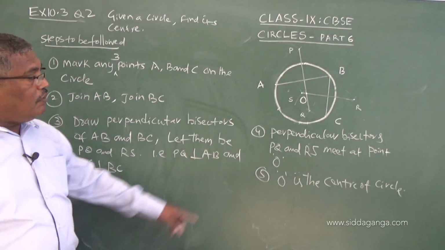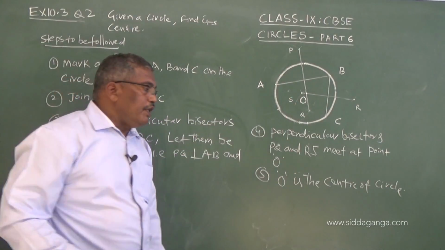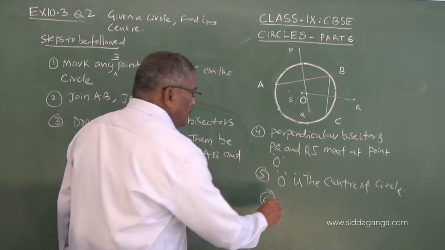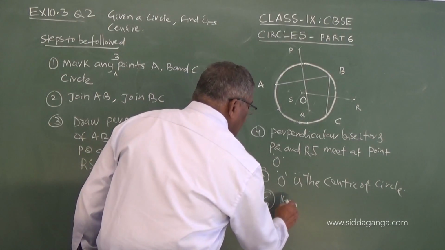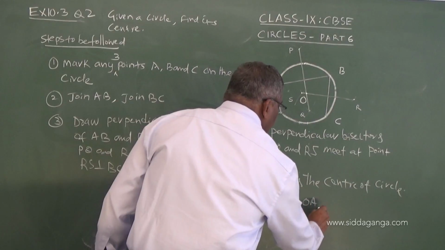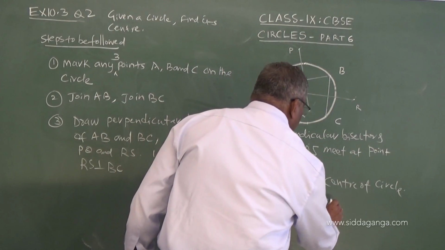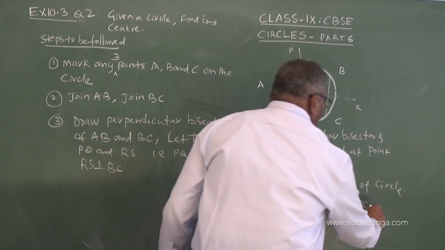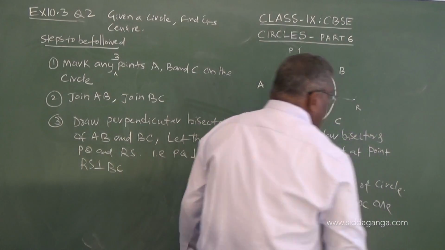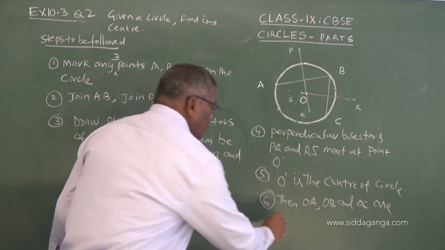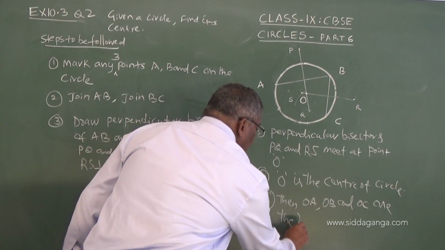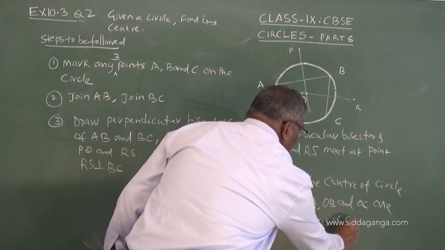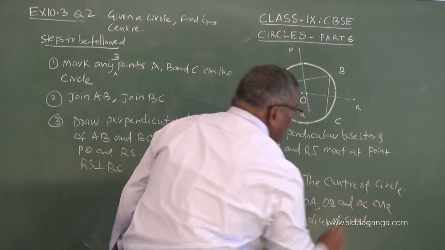So we are asked to find out the location of O and we have found it out. Some extra information: OA, OB and OC are the radius of the circle.